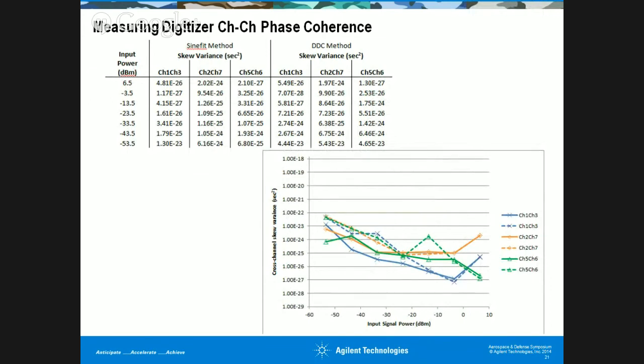This is around 4.81 e-26 seconds squared for the sine fit method. In case of the DDC method, it is 5.49 e-26 seconds squared. Now you can see here that your skew variance is much better at lower frequencies using the DDC method, and at higher frequencies or at lower values of power using the sine fit method.